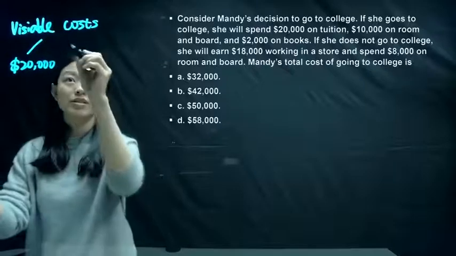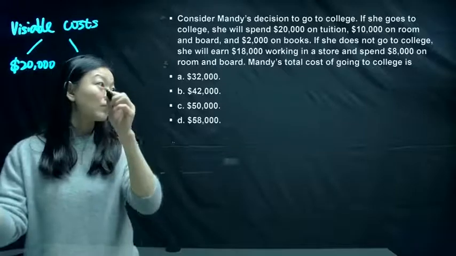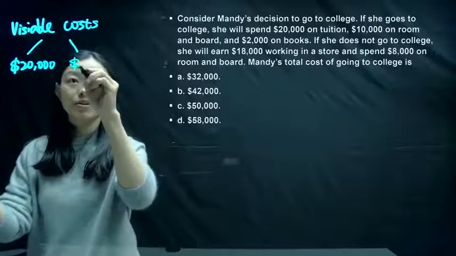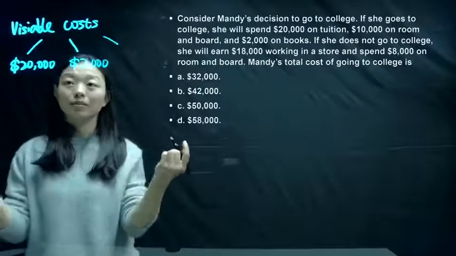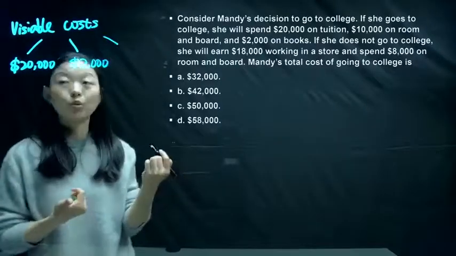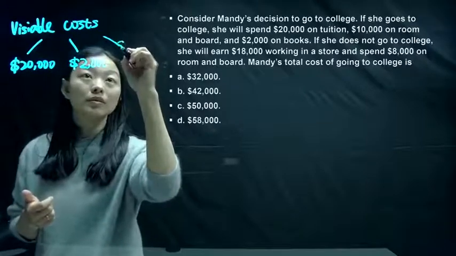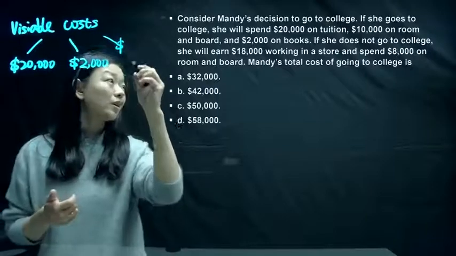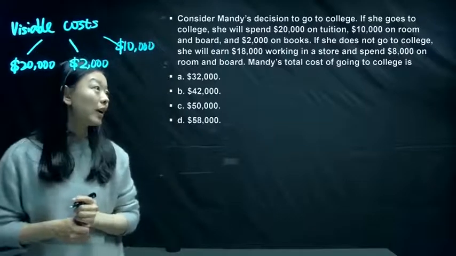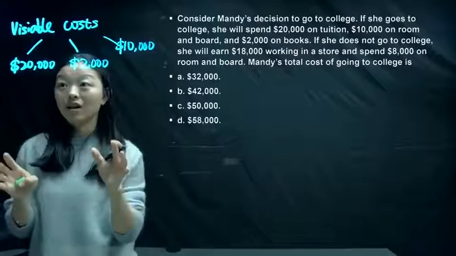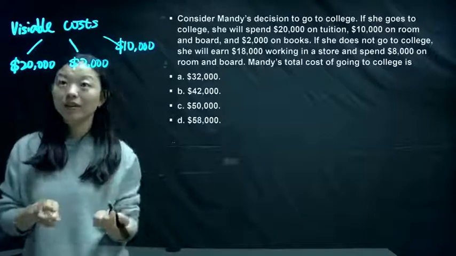She needs to pay the book fees of $2,000. And then the extra part comes from the room, or we call it rent. This part will be $10,000. So those are the visible costs that Mandy needs to pay out of her pocket.